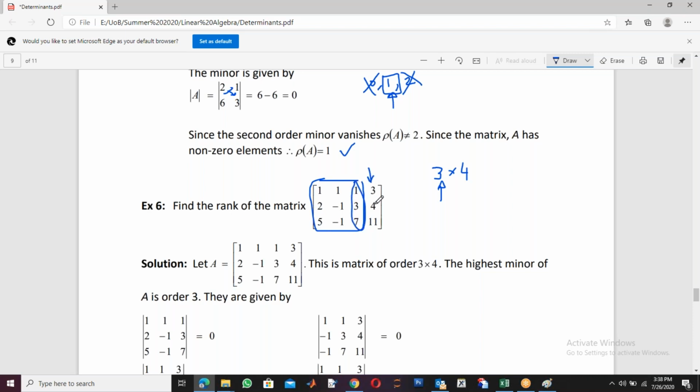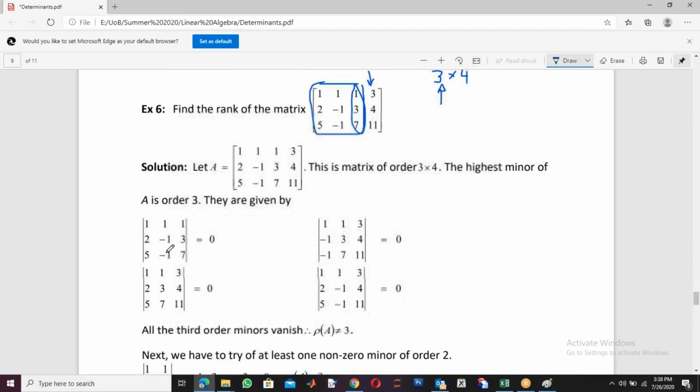This is the second one. So column 1 2 3, this is your first minor. Then column 1 2 4, this will give you the second minor. Then column 1 3 4 will give you the third one, and then the last 3 columns, this is the fourth one.